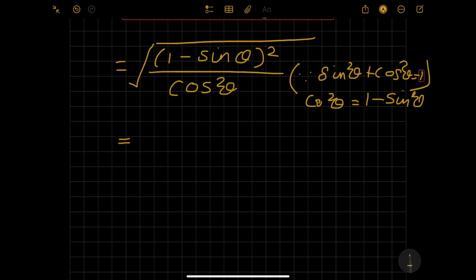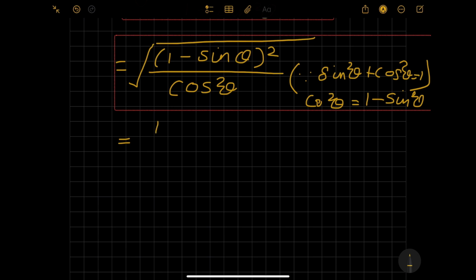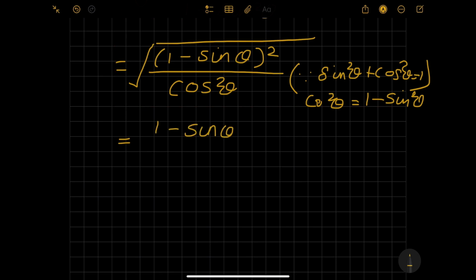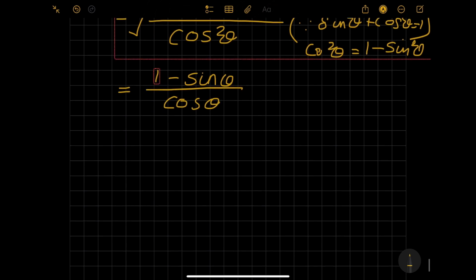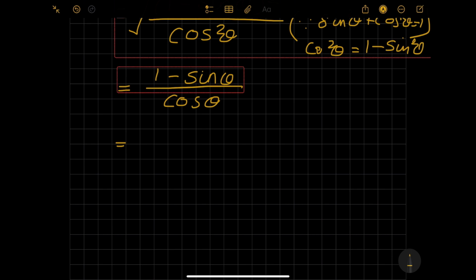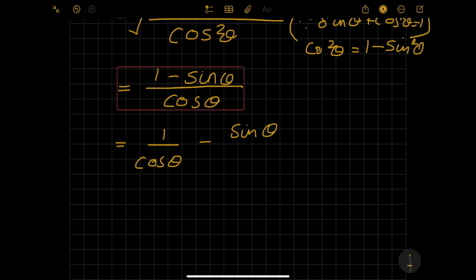And now, as we have squares in both numerator and denominator, we can cancel out the square root. So we'll get (1 subtract sin theta) divided by cos theta. Now I'm just separating the denominator, so we'll get 1 over cos theta subtract sin theta over cos theta.